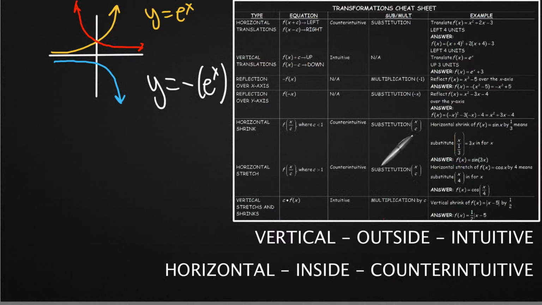It's going to be counterintuitive, but it's going to be inside with the x, and it's going to be a substitution of negative x. So I need to replace this x with negative x. See, so this is a multiplication. This is a substitution.